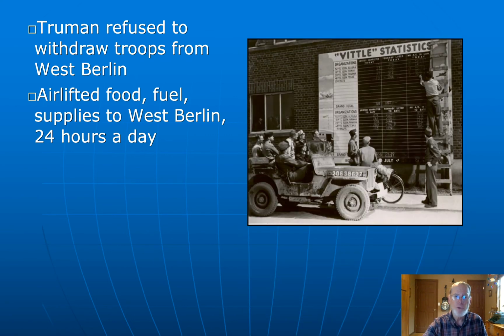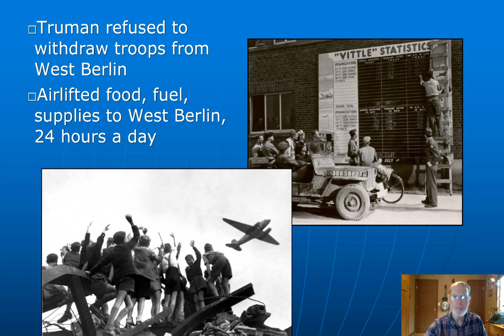All right, so 24 hours a day, they scheduled planes to come in and out of Berlin and loaded those planes with food and water and coal and gasoline and everything else that was needed by 1 million people. Just think of the staggering amount of stuff that was needed to make that happen.